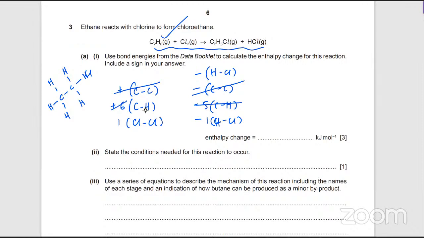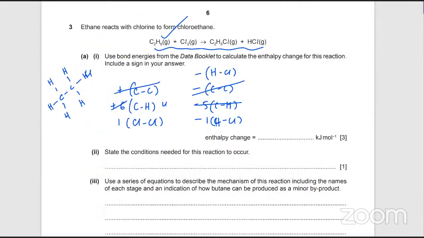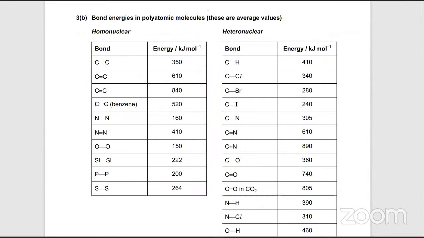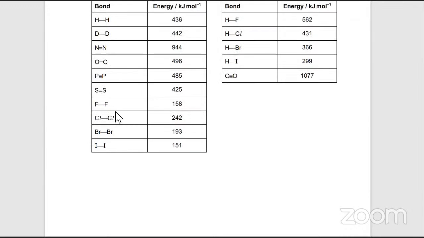There's only going to be 1 CH left. So CH is what? CH is 410. So your CH is 410. Cl-Cl, what is Cl-Cl? That's 242, that's given over here.